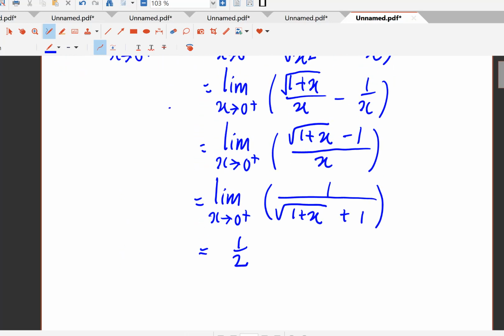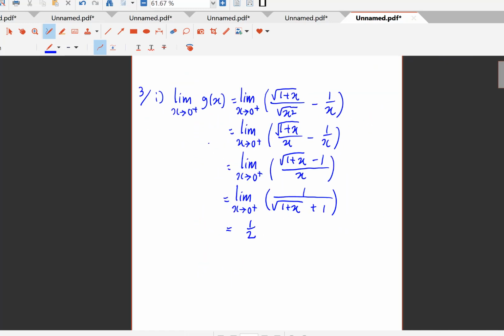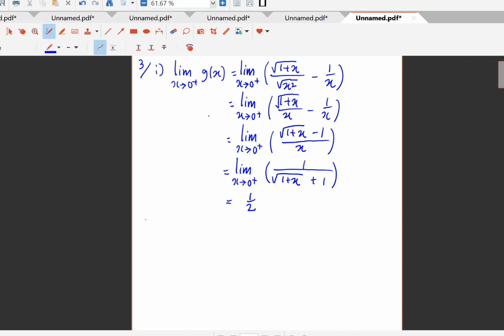Okay. 3 part 1. Any questions? In 3 part 2, it asks you, is g continuous at x equals 0? You want to try working out this one, because you can check for the limit on the left and on the right.